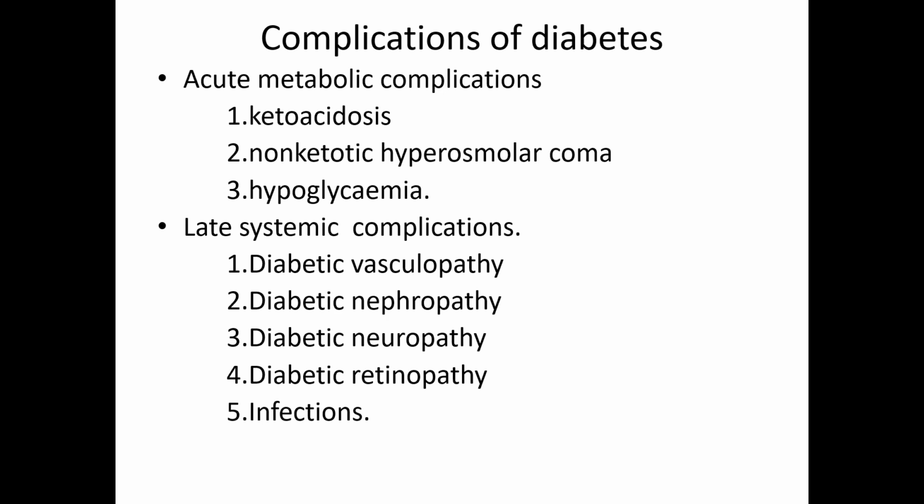The complications can be divided into acute metabolic complications and late systemic complications. Acute metabolic complications occur when the hyperglycemia is severe, and these include ketoacidosis, non-ketotic hyperosmolar coma, and hypoglycemia.